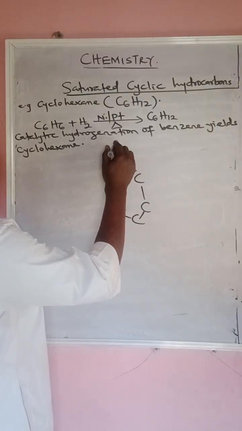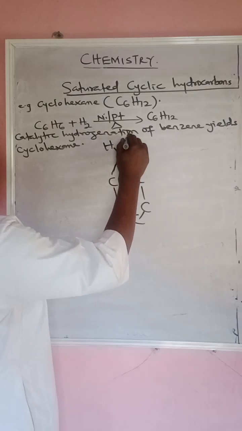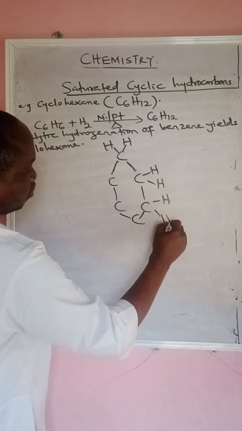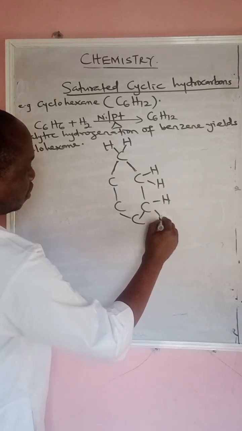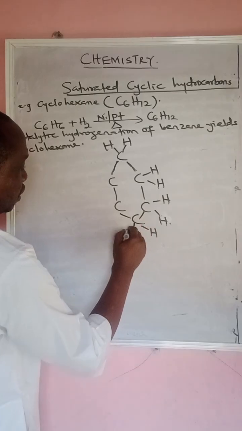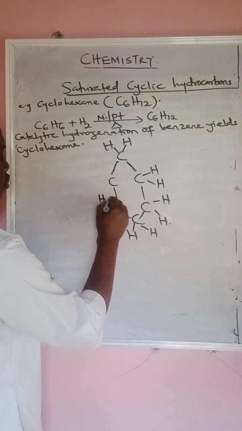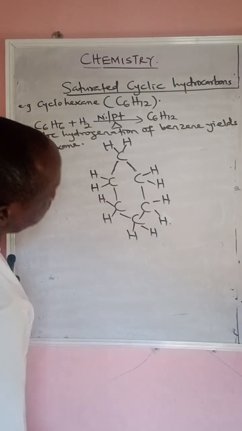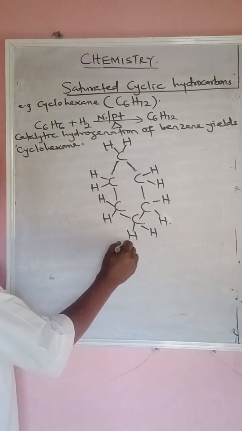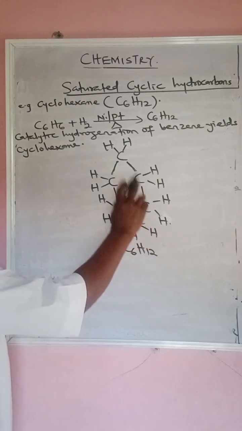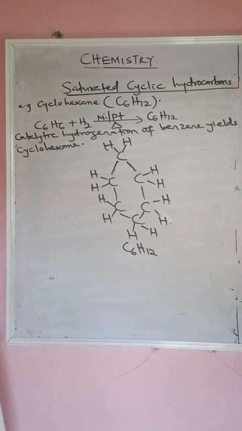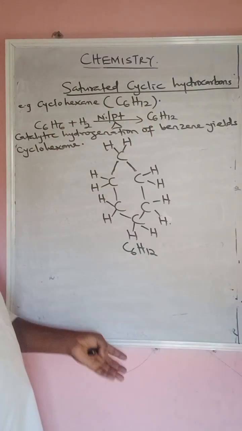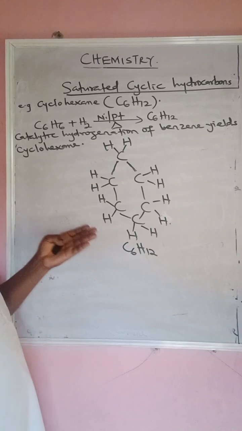So we have 2 hydrogens on each carbon. This is C6H12. You know, it is now saturated. Take note of that. It's an example of saturated cyclic hydrocarbon, but it is not aromatic.